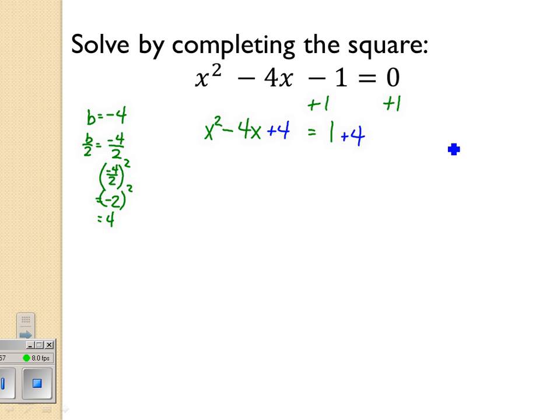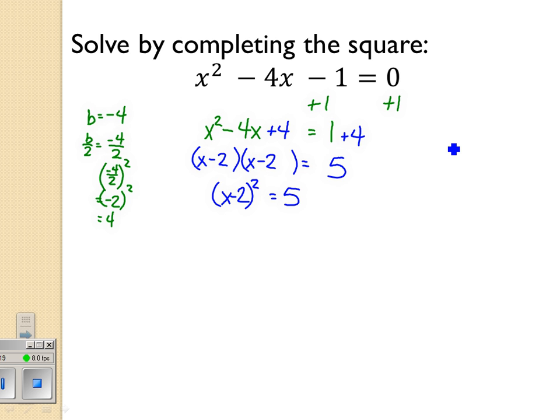Now by doing that, the left-hand side is factorable pretty easily: x minus 2 and another x minus 2. And the right-hand side is 5. Now notice x minus 2 and x minus 2 can be rewritten as the square of x minus 2. And now we're back to extracting squares.